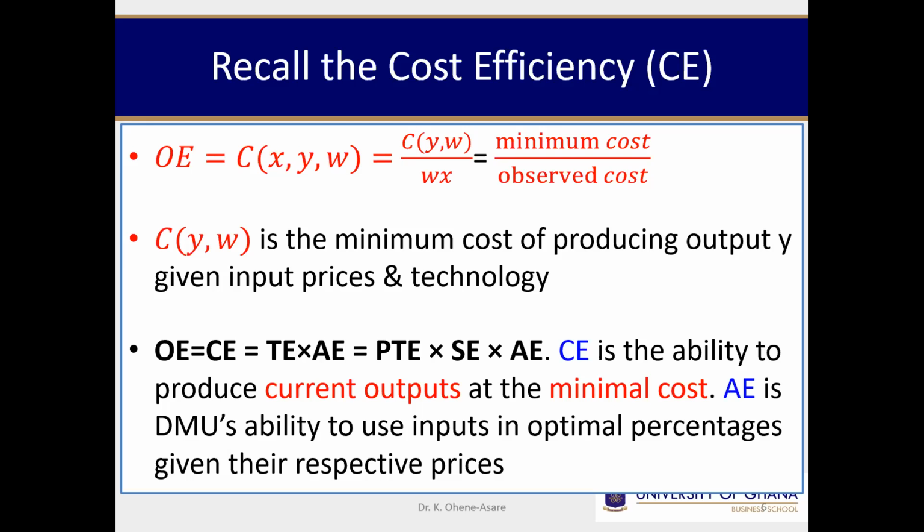There's a price attached to the lecturer and a price attached to the laptop. If it is one lecturer and 10 computers, then it means you are not able to combine the inputs and the output efficiently. You're not able to use the inputs allocatively efficiently. Why are you giving one lecturer 10 laptops? It's a waste of money. So there is that misallocation of input, and that is critical. That is what allocative efficiency looks at.